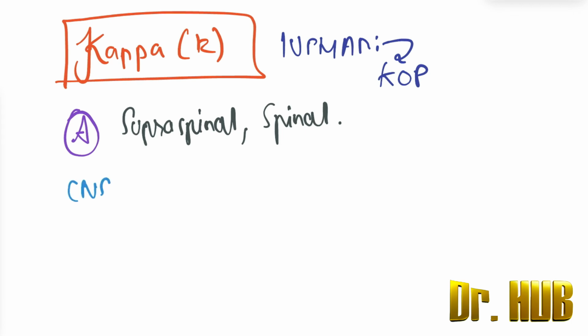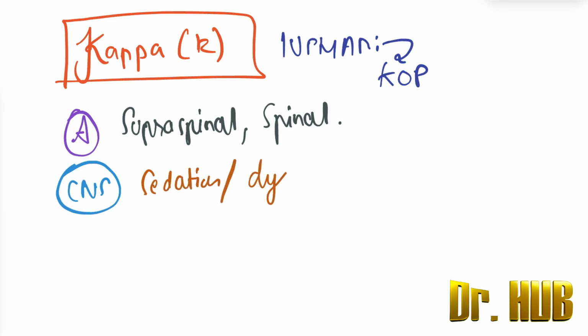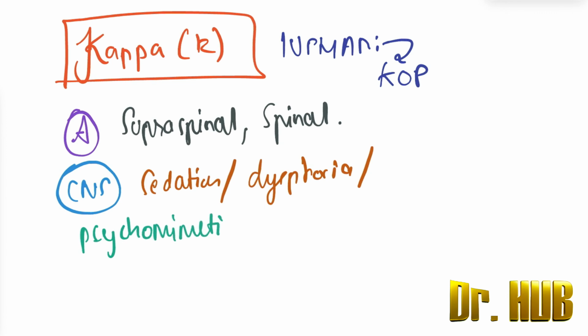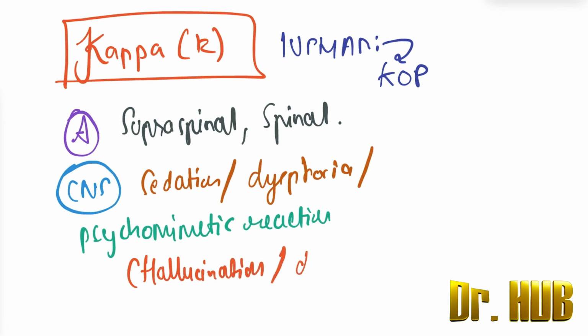We move on to the CNS. In the CNS, it includes sedation, dysphoria, and psychomimetic reactions. It also includes hallucinations and delirium.